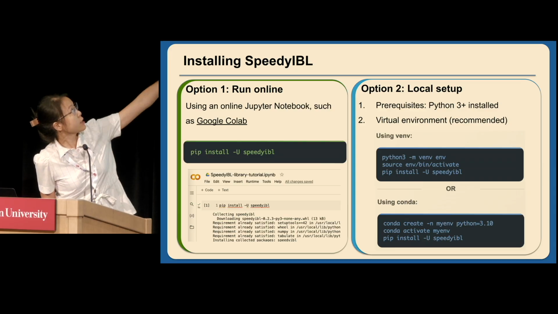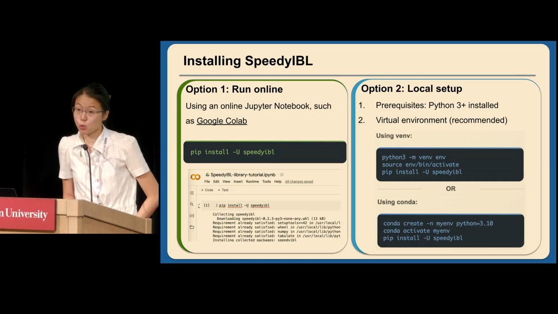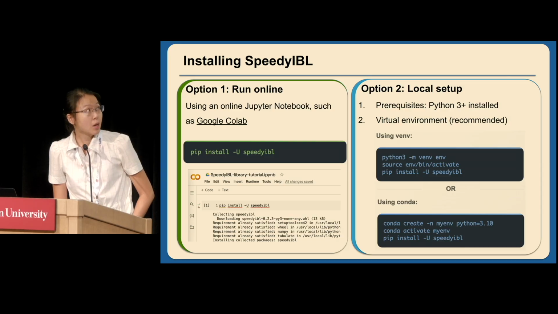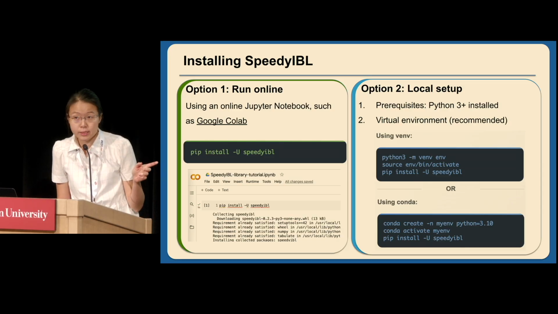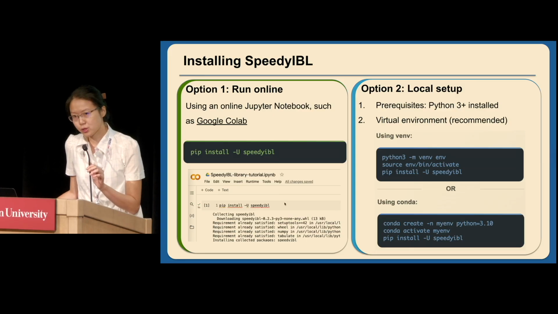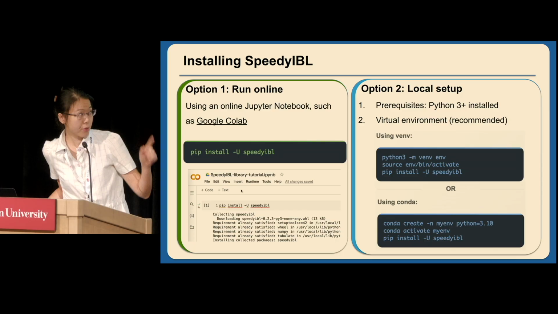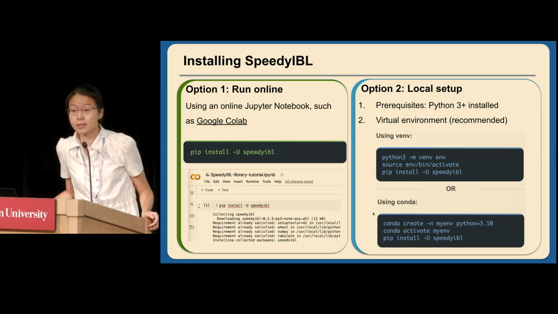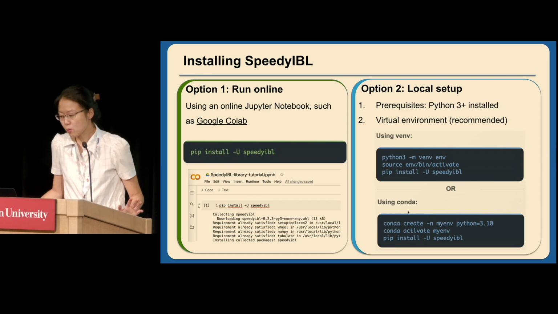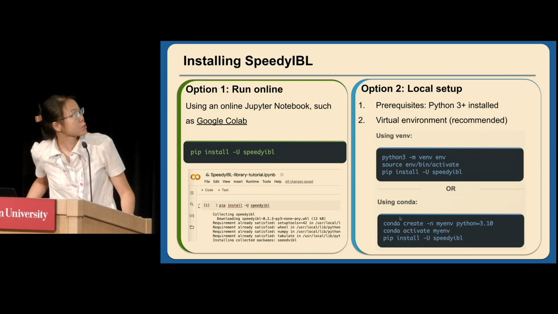You can run the online Jupyter Notebook, which I use in Google Colab, which is quick and easy with no installation needed. Or you can download the code from GitHub and run it locally. I would recommend using a virtual environment, either the built-in virtual environment from Python or Conda or Miniconda. Either way is fine, and I will show you in just a moment.